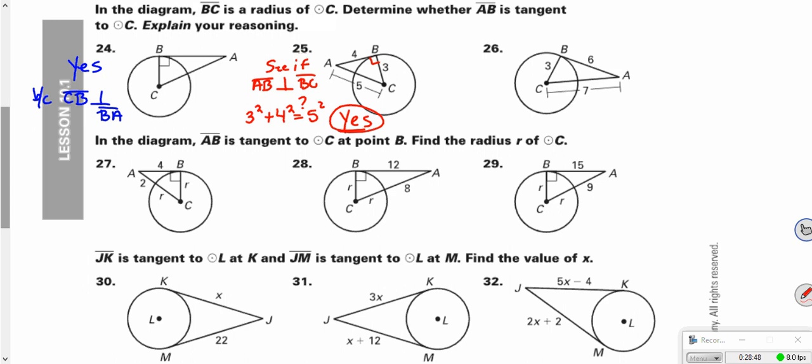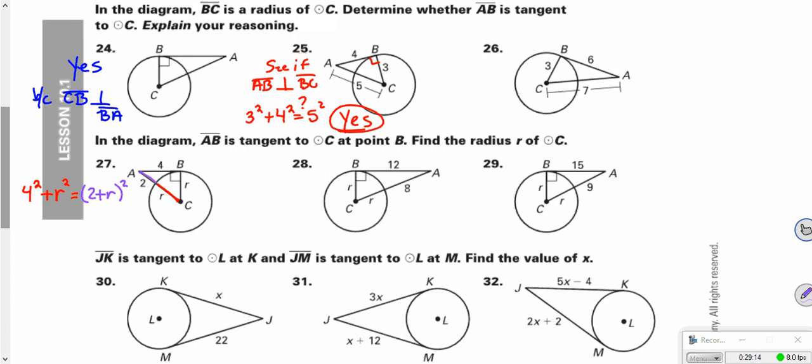Using the Pythagorean theorem, we're going to have 4 squared plus r squared equals, now here this is r, and this is 2, so my whole hypotenuse is going to be (2 plus r) squared.